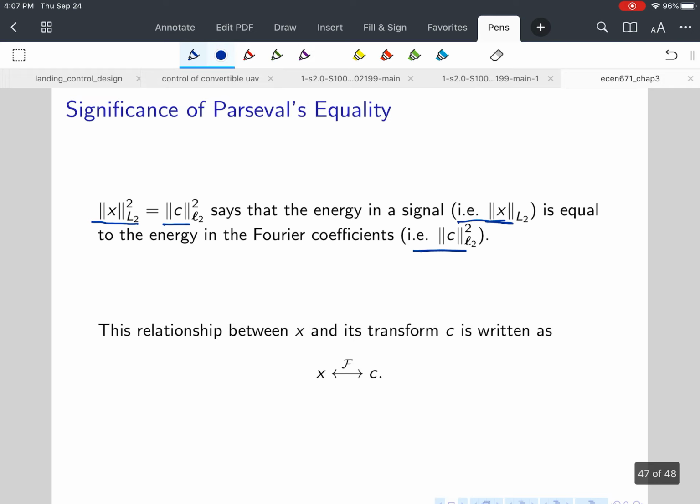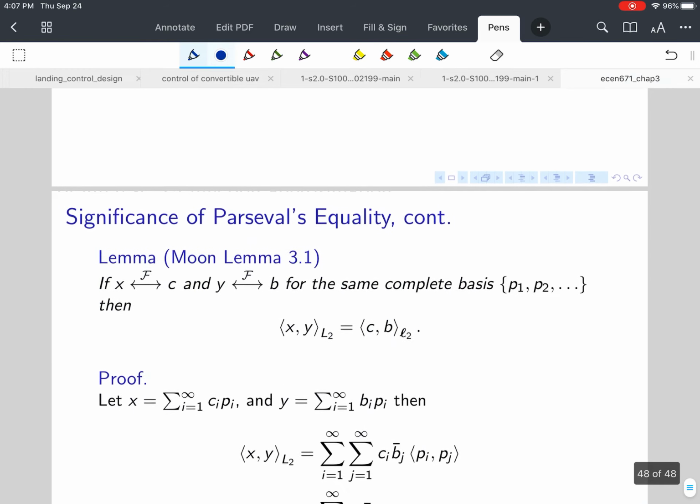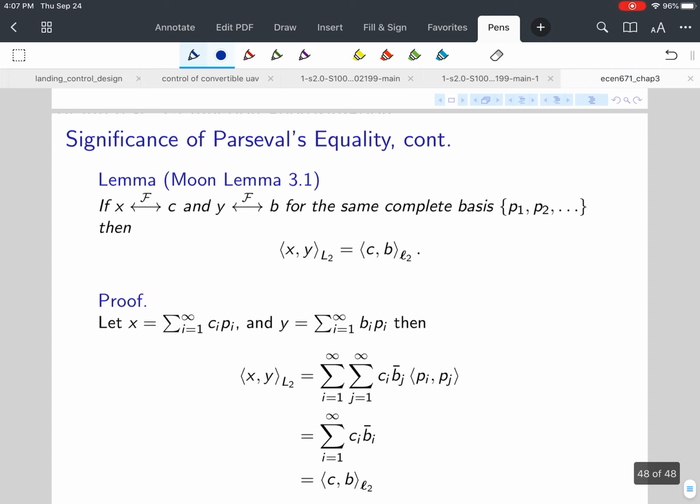All right, so if we write the relationship between x of t and its transform c, again, this is a sequence, this is a function, then we can write the following theorem.